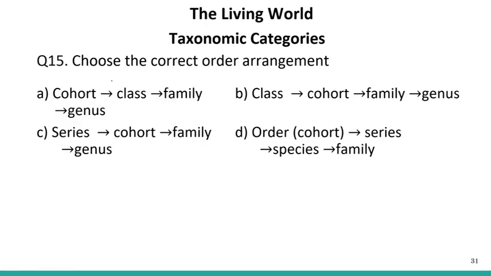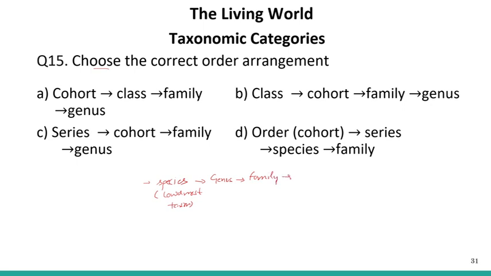So next, let's talk about the next question. Here we have to choose the correct order of arrangement. Let's look at the taxonomic hierarchy. First we have the species, and this is the lowermost taxon. Then the higher taxon is genus. Then we have the family.